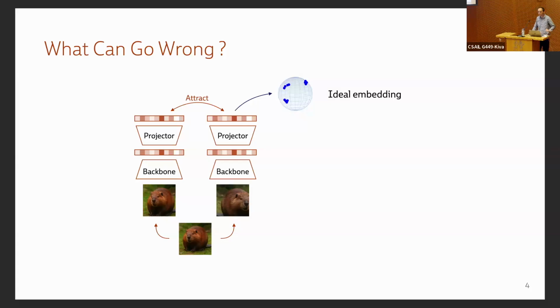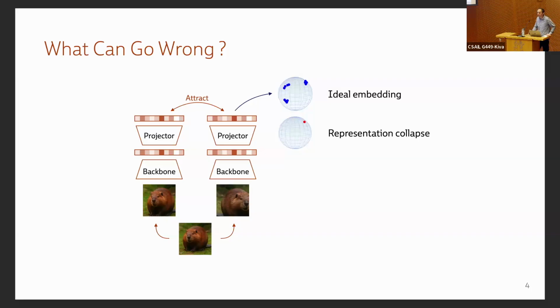This is what we would like to have ideally. Now, what happens is that if you just enforce this attraction between the two branches, you can end up mapping every input to the same vector. This is referred to as the representation collapse problem.